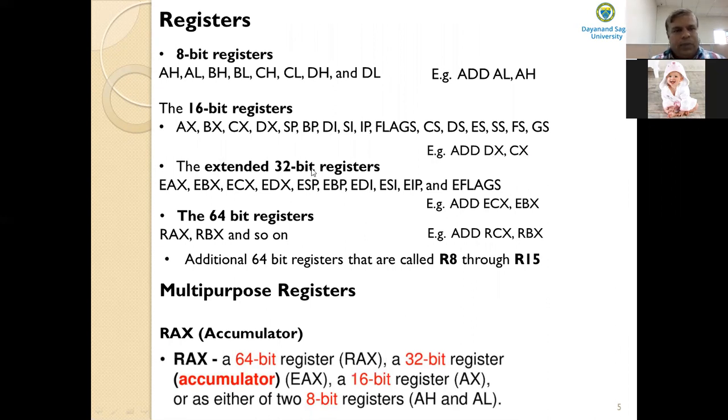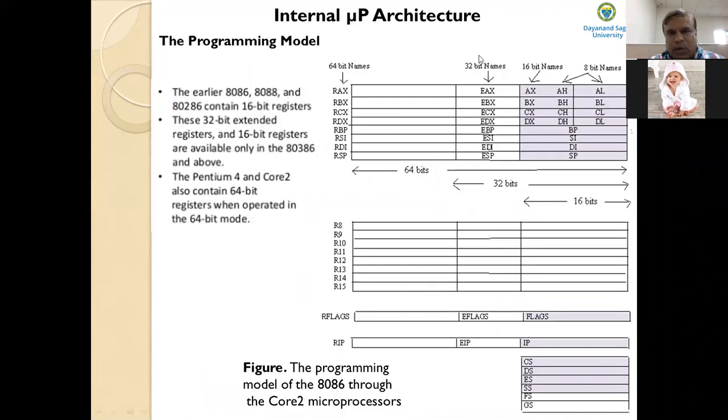Similarly, we have 32-bit registers. If you observe the diagram here, the 32-bit registers have 3-letter names. EAX, EBX, where E stands for extended. EAX, EBX, ECX, EDX, EBP, ESP, EDI, ESI, and then EFLAGS and EIP.